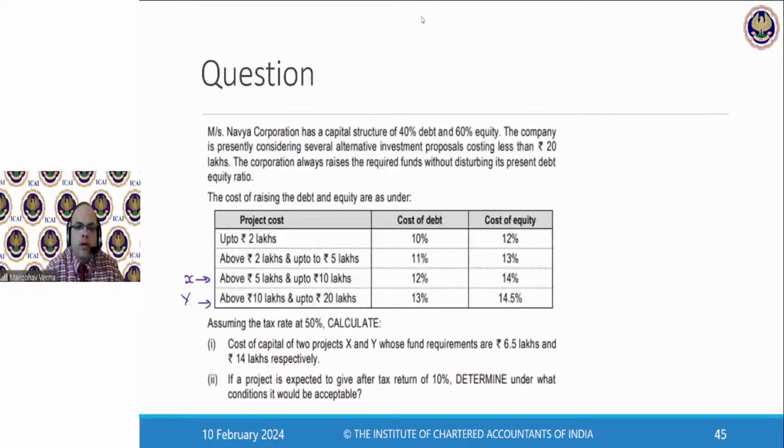Yes or no? Yes, everyone with me on this? X falls under the third slab and Y falls under the fourth slab. And one thing is very much given to us, that the capital structure is 40% debt and 60% equity.